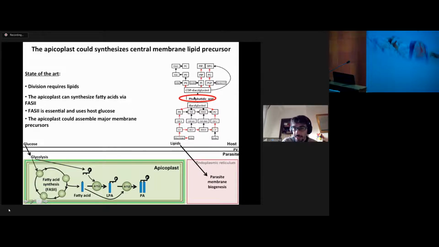And phosphatidic acid is actually the sole precursor for the de novo synthesis of all phospholipids, which are the main membrane lipids found in biological membranes. So the apicoplast seems theoretically capable of making the building blocks of lipids and synthesizing major precursors, based on gene presence.